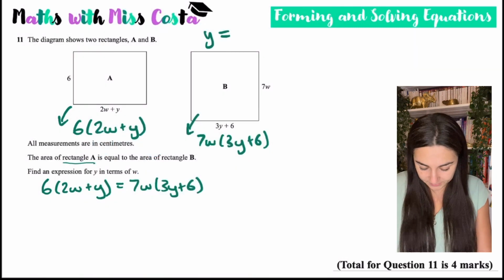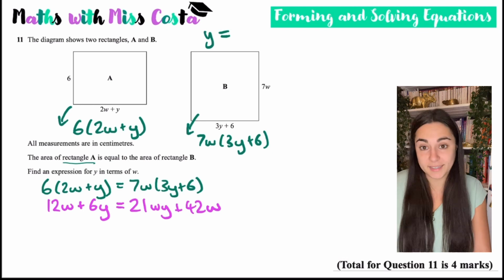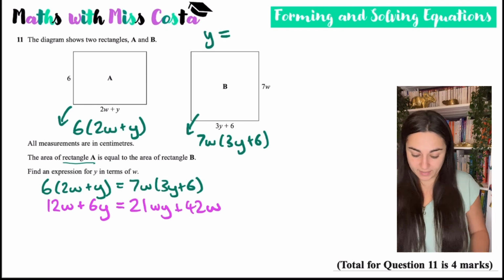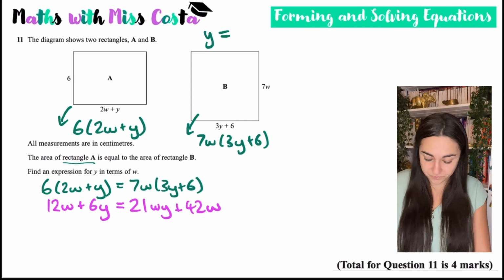So 6 times 2 is 12w plus 6y equals 21wy plus 42w. Okay, so we've just expanded the brackets. Now we want to get it in the form y equals, which means we want to isolate the y term.